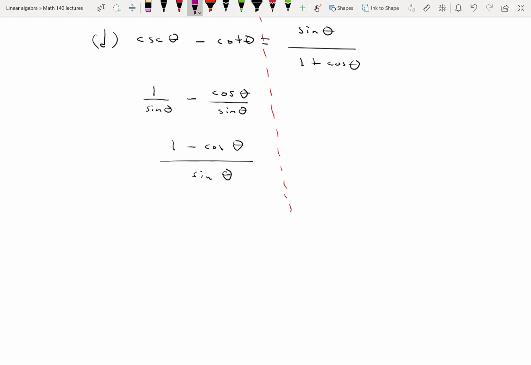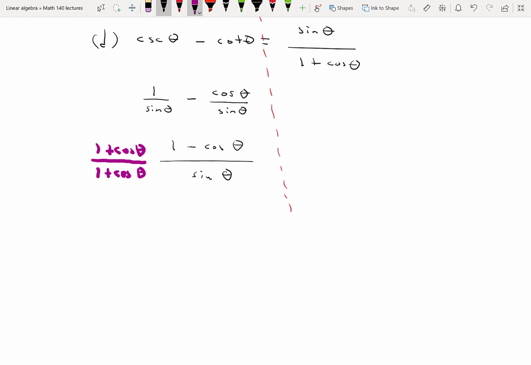So notice on the right, on my target side, I have 1 plus cosine in the denominator. And I don't have that on the left-hand side. So I'm going to make that left-hand side have 1 plus cosine theta in it. And I can do that simply by multiplying the left-hand side by 1 plus cosine theta over 1 plus cosine of theta.